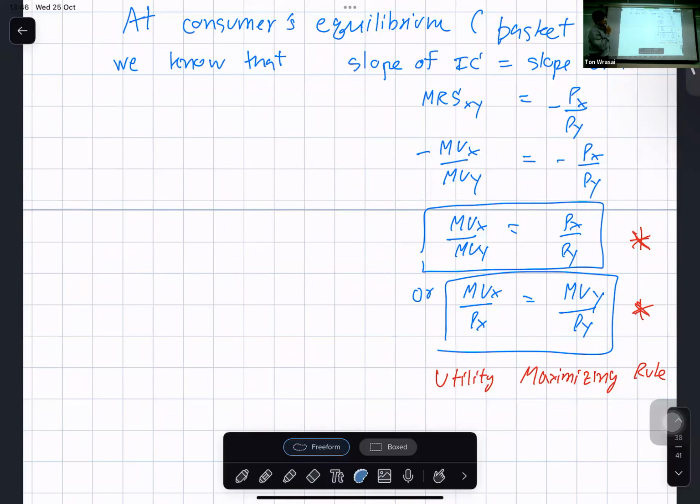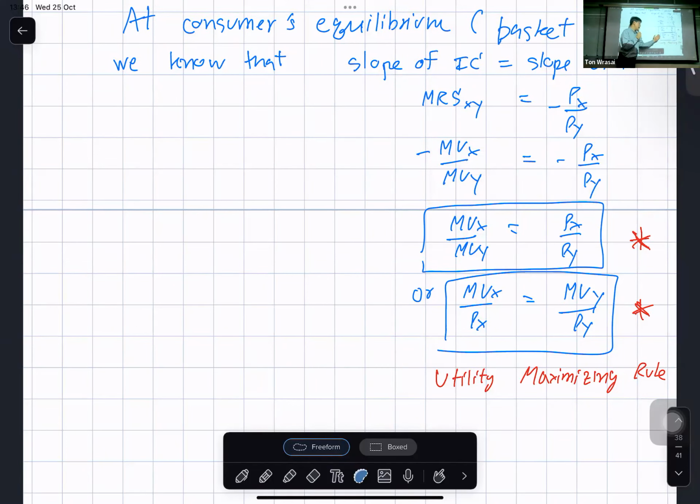And we come back to check what we have now. Once we got the new version of MRS, we replace it here, and the minus signs cancel out. We got the ratio of MU equal to the ratio of price. And then we rearrange.